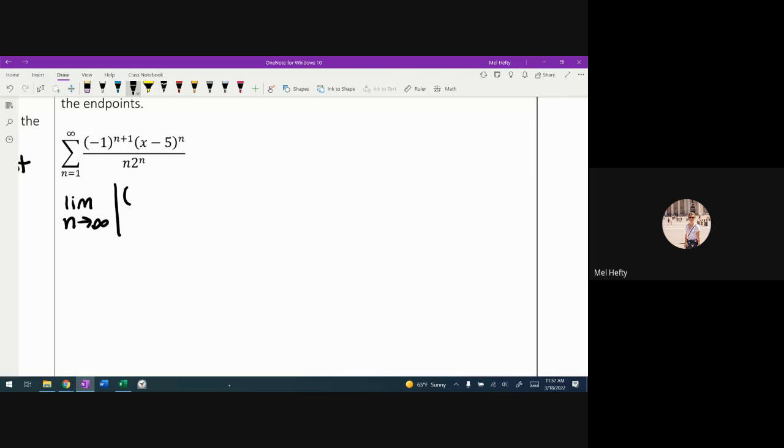So our -1 to the n plus 1, what's that going to look like now? All right. X minus 5 to the n is going to look like x minus 5 to the n plus 1. What's the bottom going to look like? Perfect. And we're going to make sure it's in parentheses here.